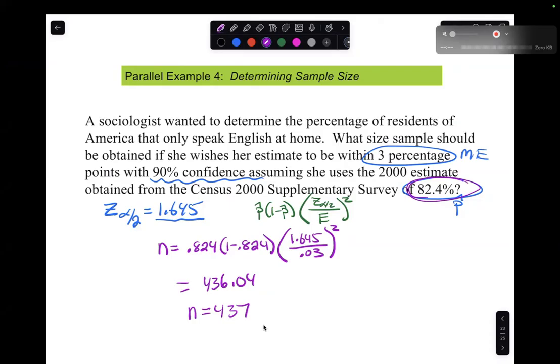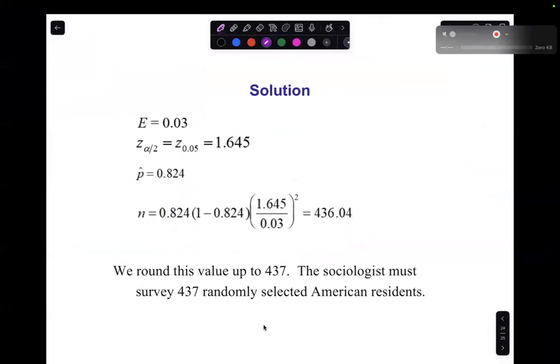So my sample size has to be 437. This is going to give me that 3% margin of error and a 90% confidence. And there it is right there. So the sociologist must survey 437 randomly selected residents to get what they want.